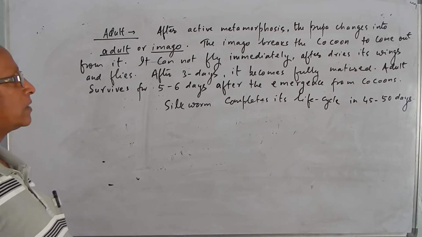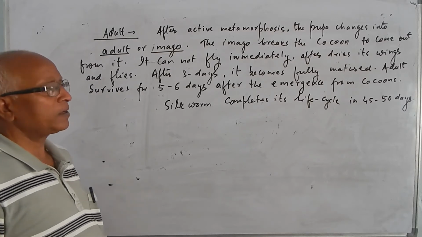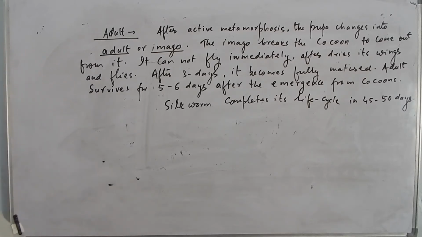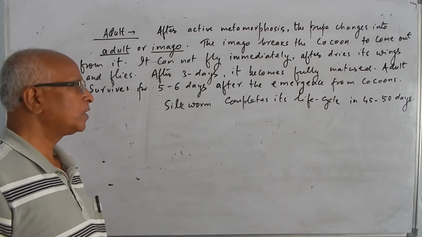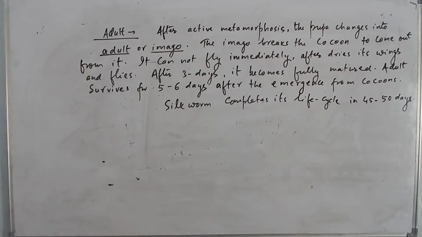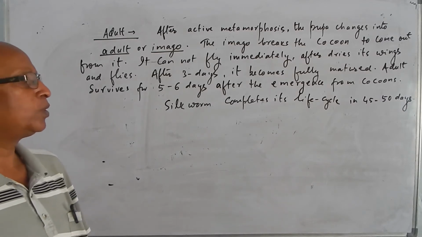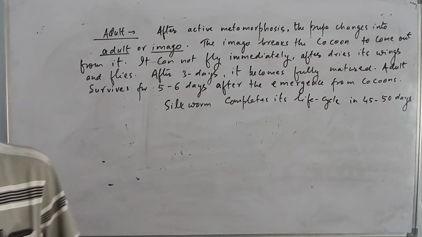After the releasing, immediately cannot fly, but their wings are dried up, then flies. Then after 3 days, it becomes fully matured and survives 5 to 6 days only. So in this way, the life cycle of silkworm completes 45 to 50 days.